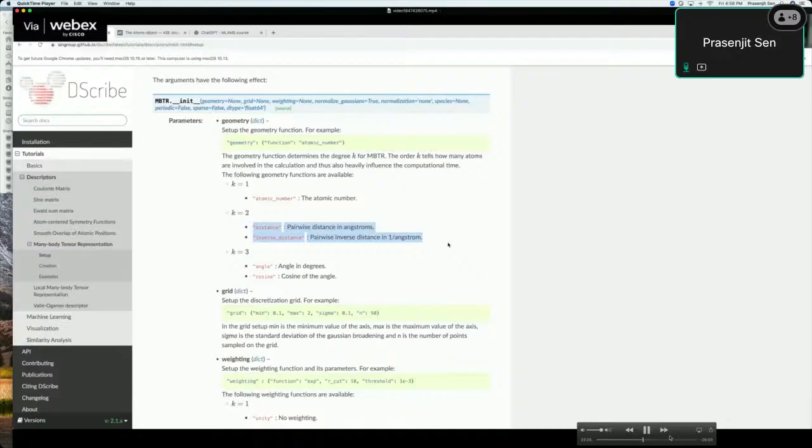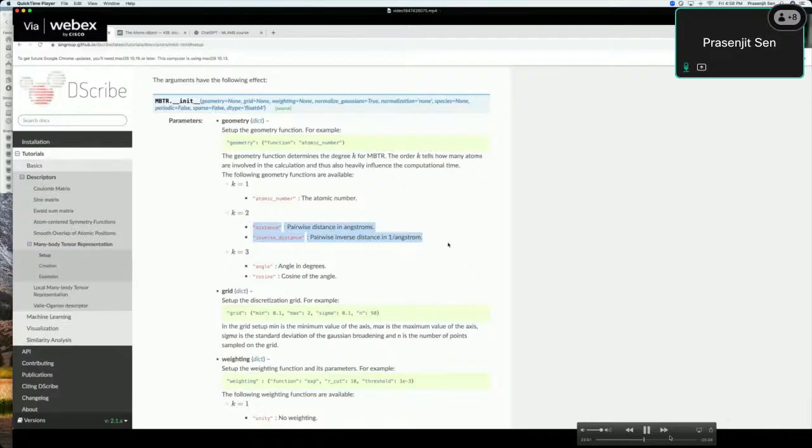So inverse distance is one way of capturing information. You can also simply say distance. In that case, G2 would not be 1 over the distance Rij. It would be just the distance Rij. It's just fine, except that the x, the continuous variable, when you broaden it into the D2 function, would appropriately change.